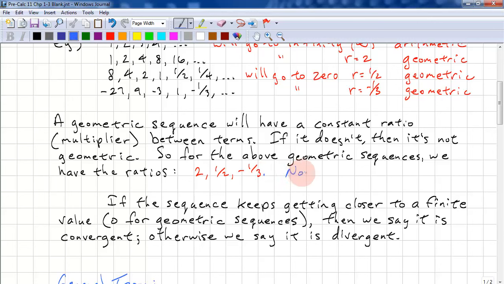And you need to note that the sequences never get to 0, but just keep getting closer.